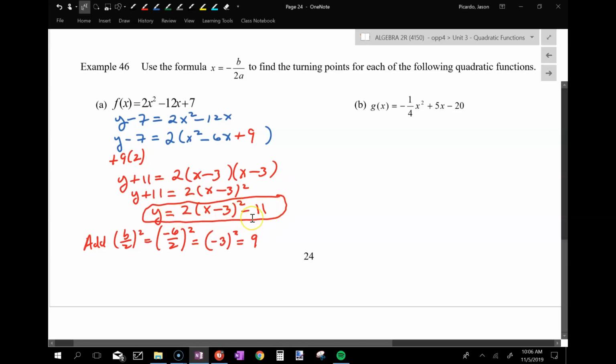This is the form. So in this case, it's not to the left, it's to the right 3 and down 11. So this sign always stays, this always tells me the right thing to do. This always tells me the opposite of what I'm supposed to do, right? So this is right 3, down 11. That's my vertex.